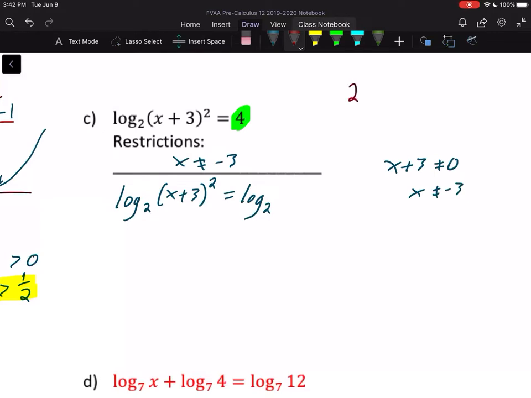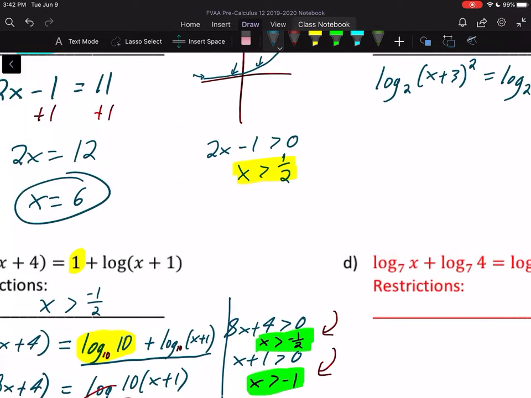So 2 to the 4 is equal to what? Is equal to 16, right? 2 times 2 is 4, times 2 is 8, times 2 is 16. So it would be log base 2 of 16 that would equal 4.